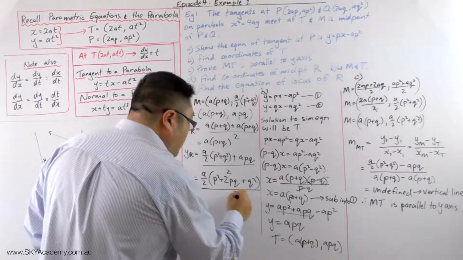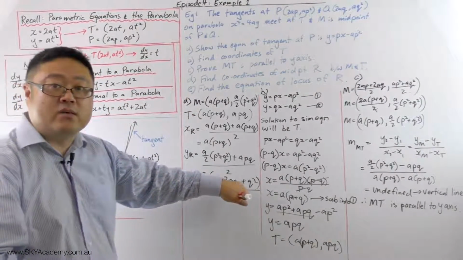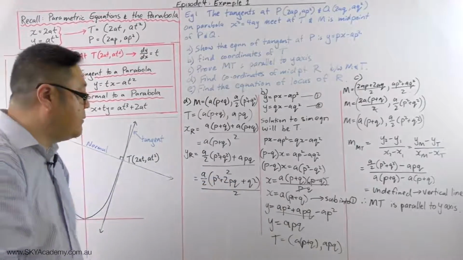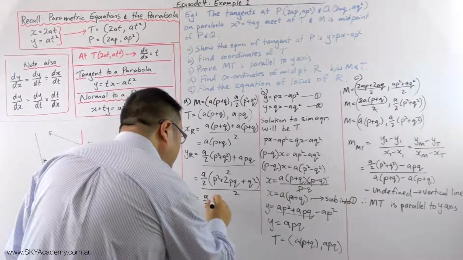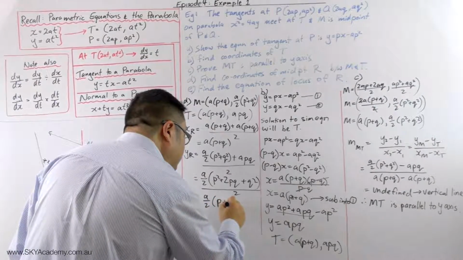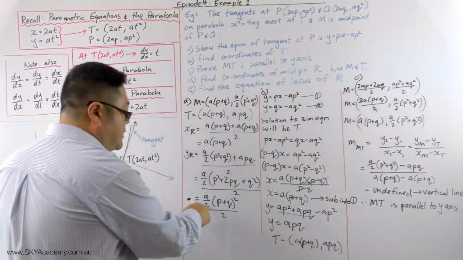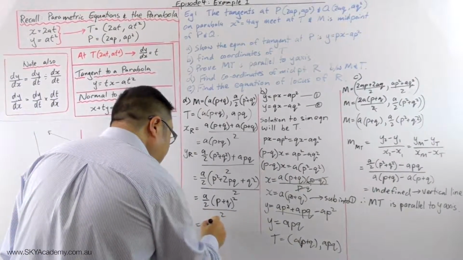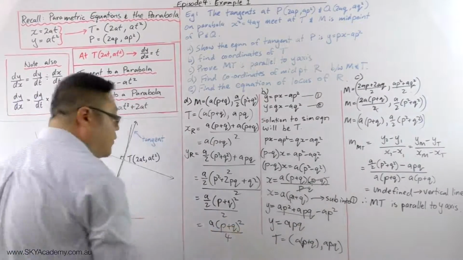All right, so see if that does make sense. What you will notice, and why I've done this, is because all of a sudden this becomes a perfect square. Do you see how this is a perfect square now? And so you're left with a on 2 outside of p plus q all squared on 2. Now this 2 and this 2 can multiply, and you're left with a outside of p plus q squared all on 4.